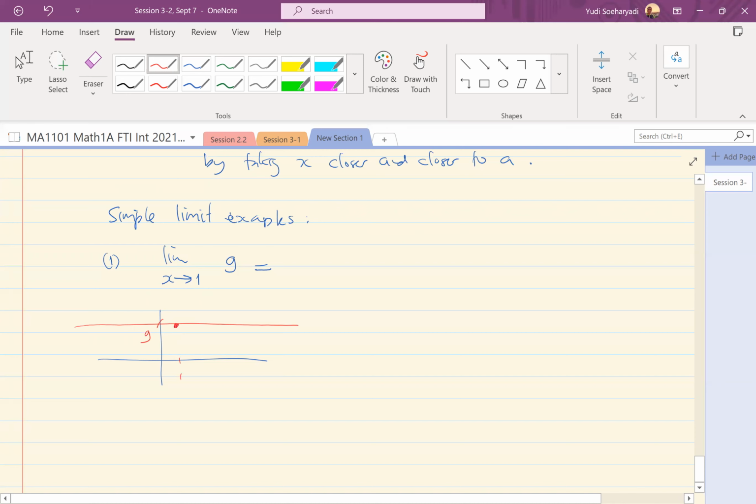So you have two observers coming from the right and from the left. And because the value, they agree, this value should be 9. So we, in a way, are looking at this kind of problem from the graph.